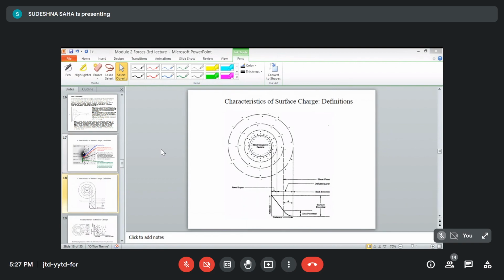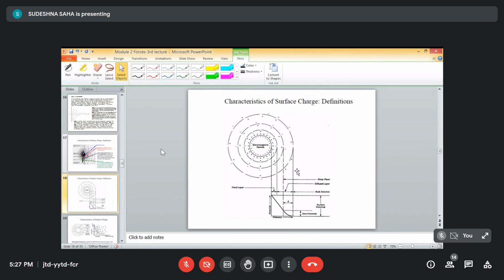This is the shear plane, or slipping plane, where you can measure the zeta potential value, and this is the bulk of the solution.